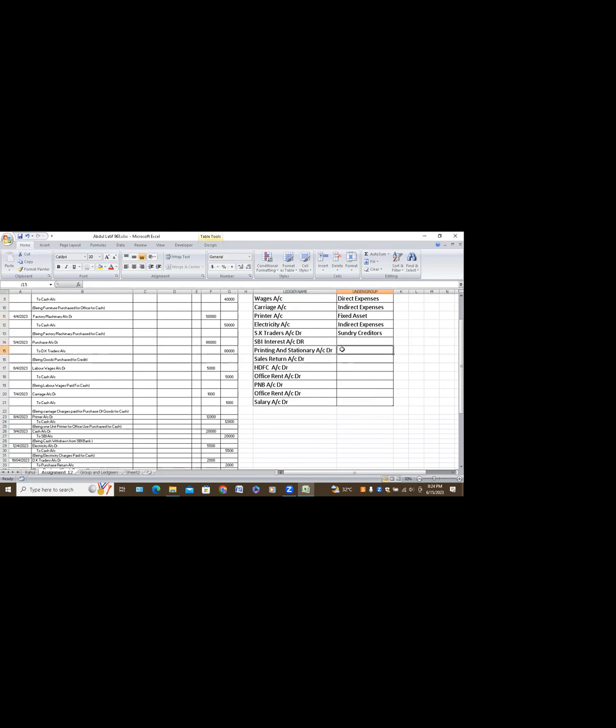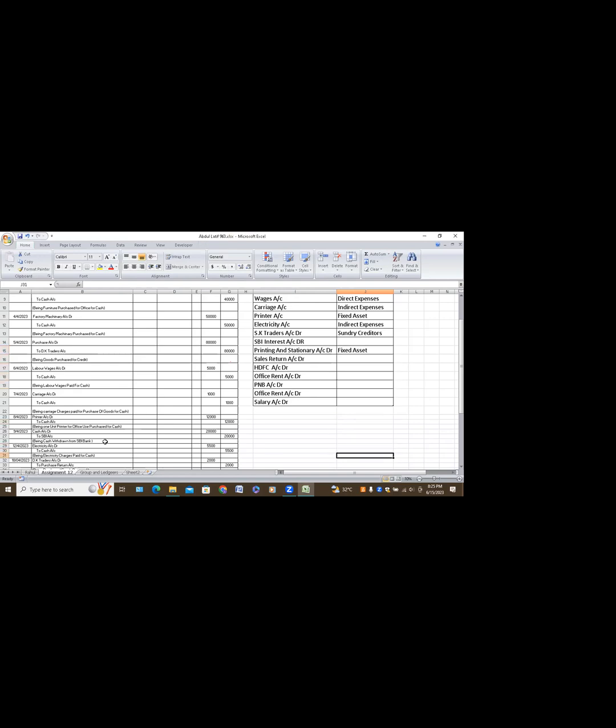Printing and stationery is a fixed asset. Abdul, you have a printing and stationery account. Both are the same amount or is the amount distributed? It's the same, ma'am, a merged amount.